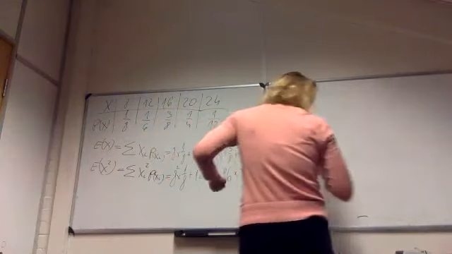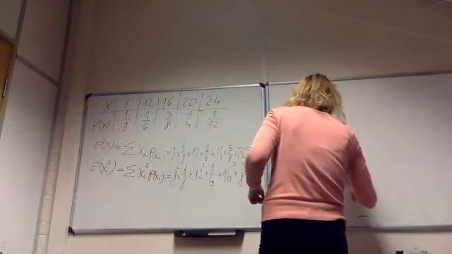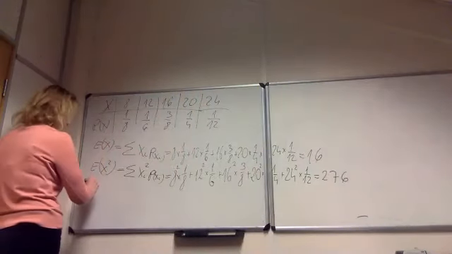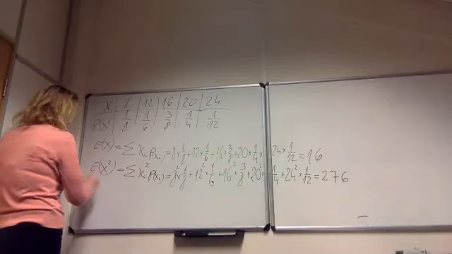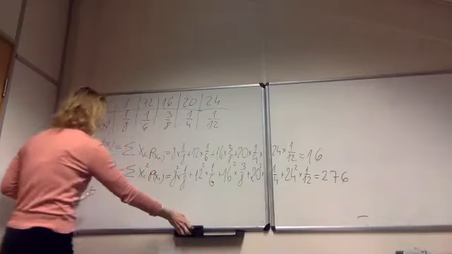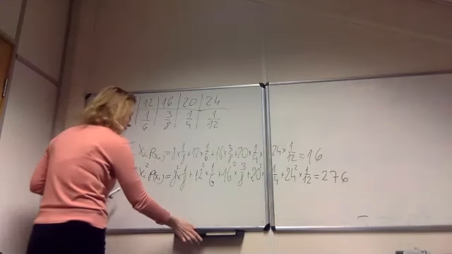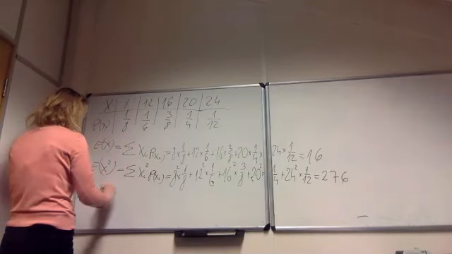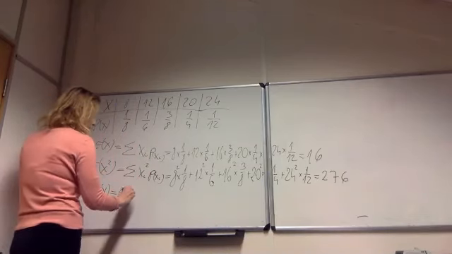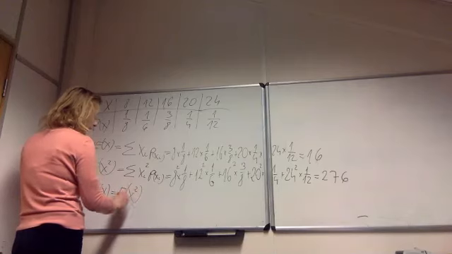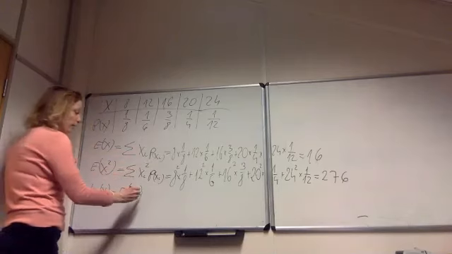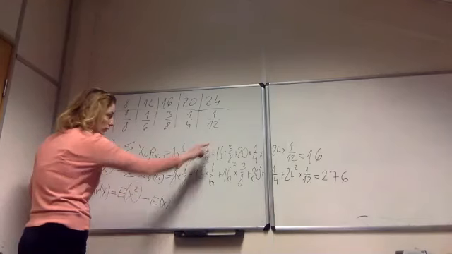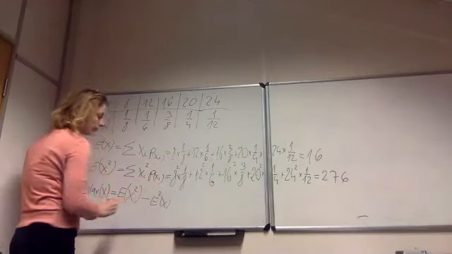This gives us 276. Then we need to find the variance of x, which is we take E of x squared, what we have just calculated, and subtract E of x in the first row squared.